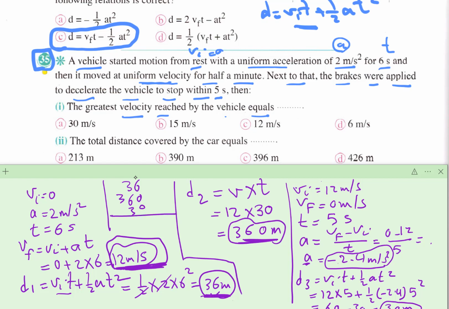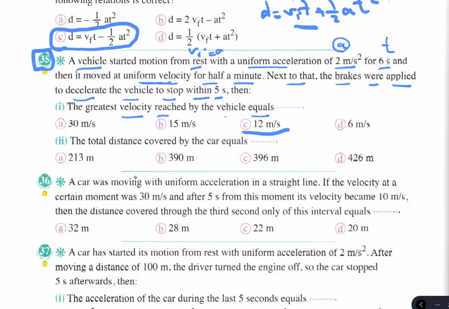So the total distance, 6 plus 3 plus 3, 12, 426 meters. So we answered it. The greatest velocity is 12 and the total distance is 426.